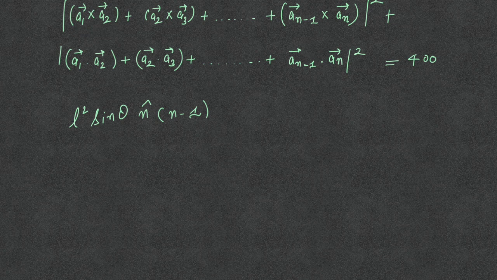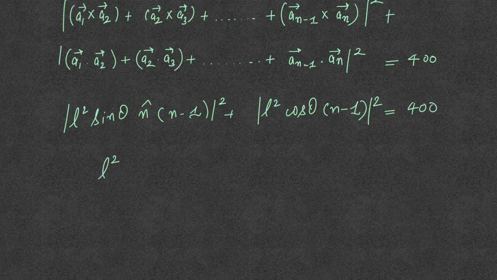This combination of cross vectors occurs n minus 1 times, with the modulus square, plus similarly there is a dot product of the vectors n minus 1 times. So L square into cos of theta into n minus 1 times with modulus square equal to 400.